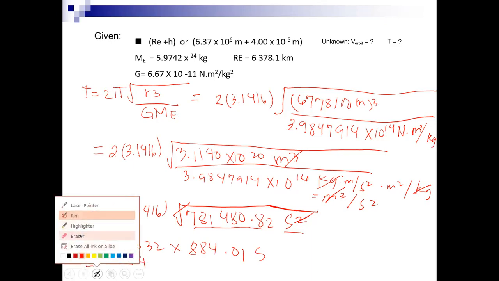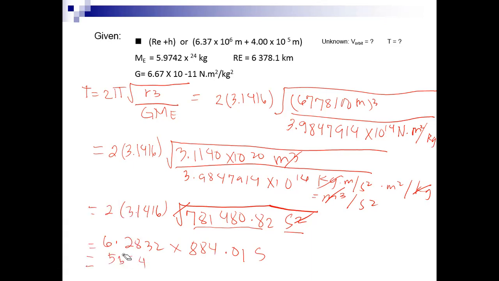Turahin ko nga para malinaw. Okay. So you have 5, 5, 4. 0.4337. 7. Okay. So seconds. So this is your period.